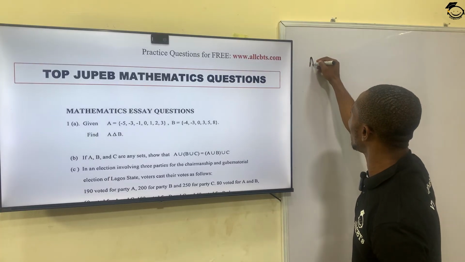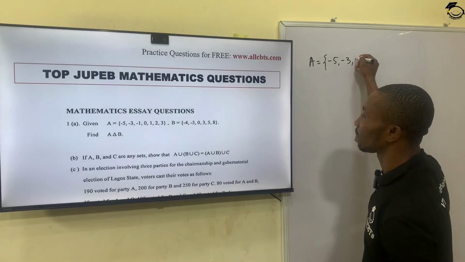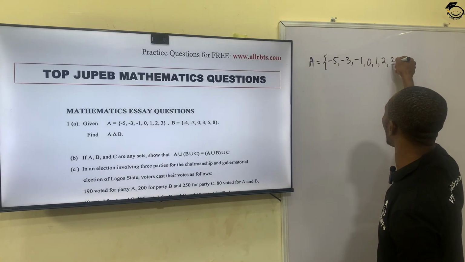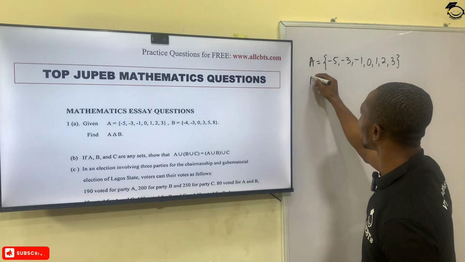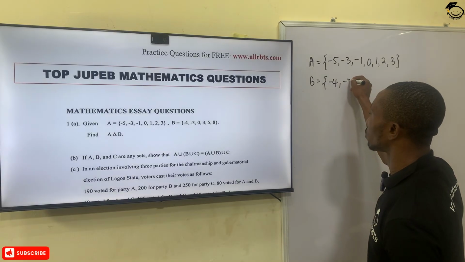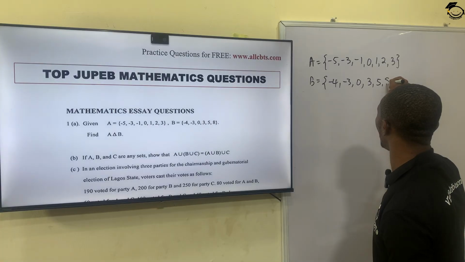We have our set A as minus 5, minus 3, minus 1, 0, 1, 2, and 3, and our set B as minus 4, minus 3, 0, 3, 5, and 8.